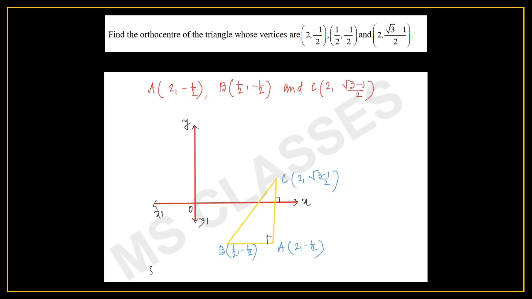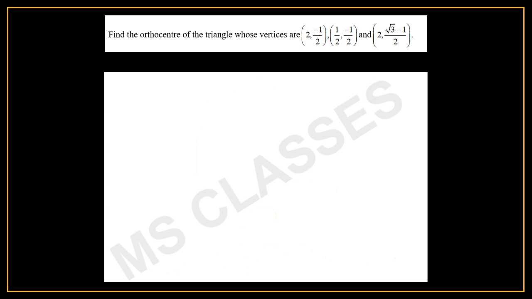So since abscissa of A and C is same, therefore AC is parallel to the y-axis. Then we can say again ordinate of A and B is same.